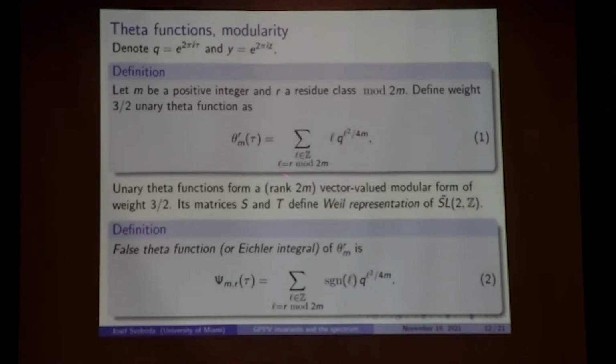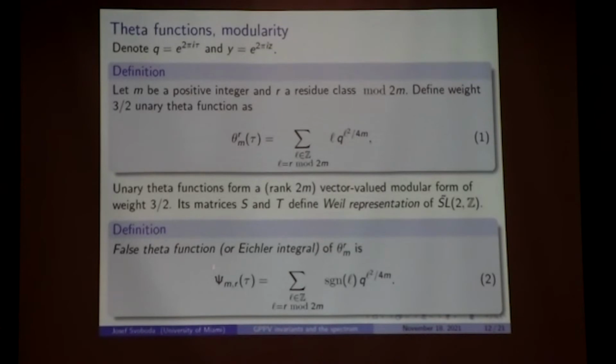False theta functions are basically the same, except that you change the signs. So the modularity properties are not so nice, but they still satisfy a weaker modular property: these are quantum modular forms.